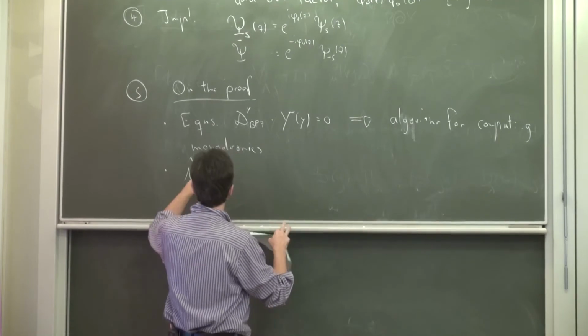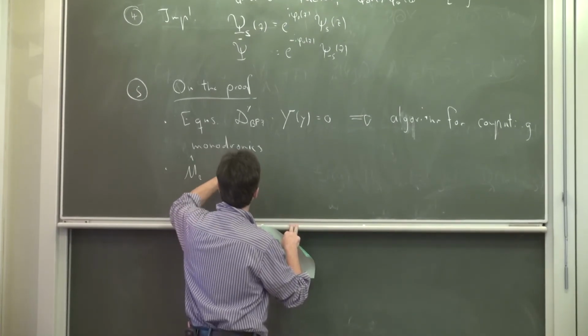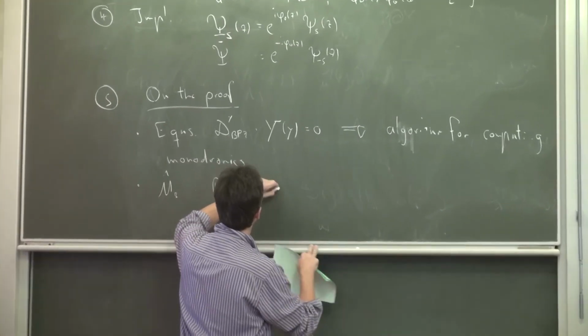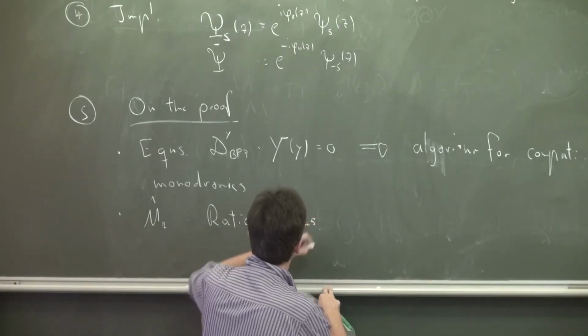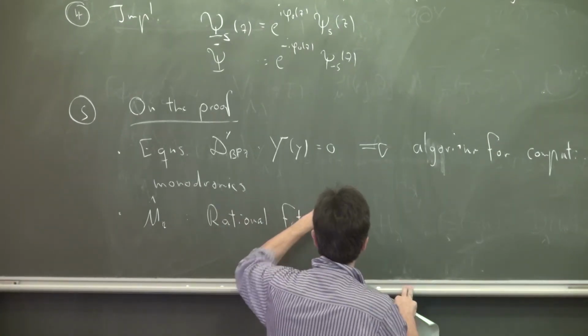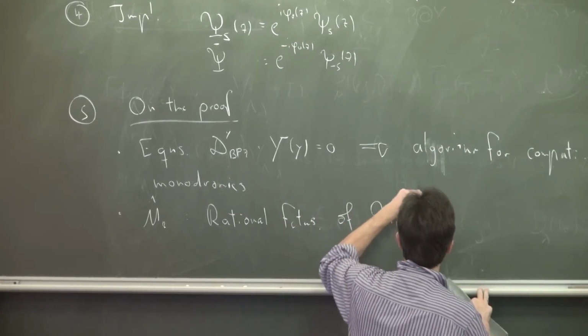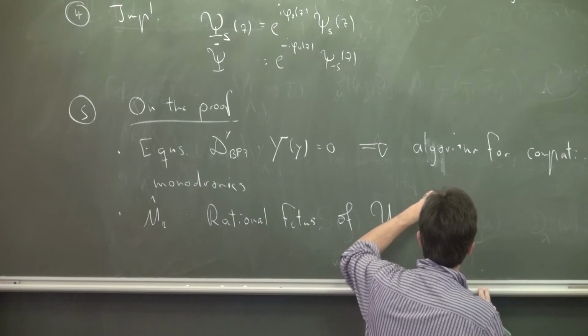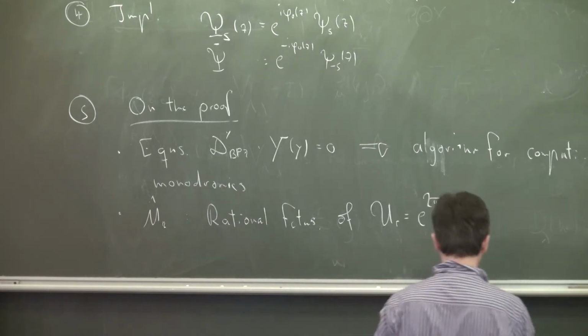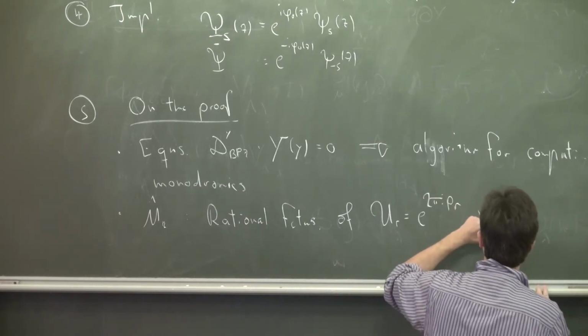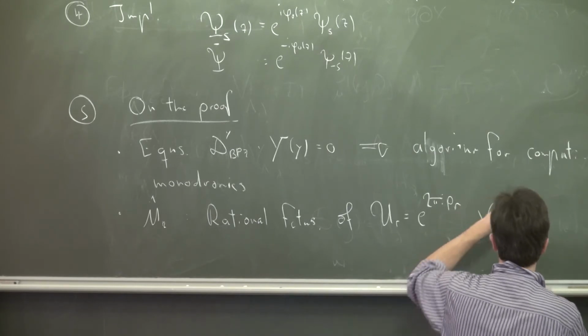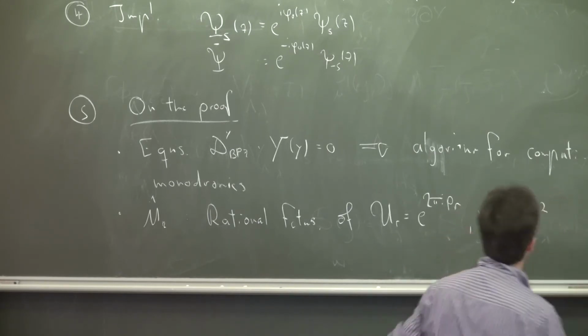second key observation is that the resulting operator-valued matrices are rational functions of only two variables, namely U_r is exponentials of the p_r, 2 pi p_r, and V_r is t_r squared.